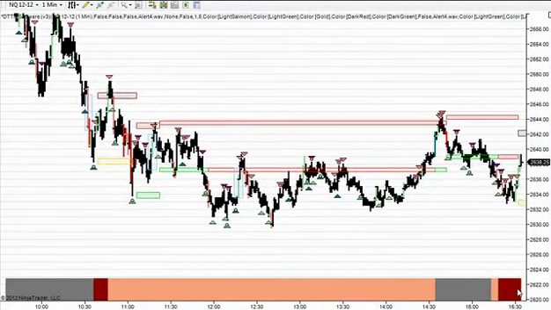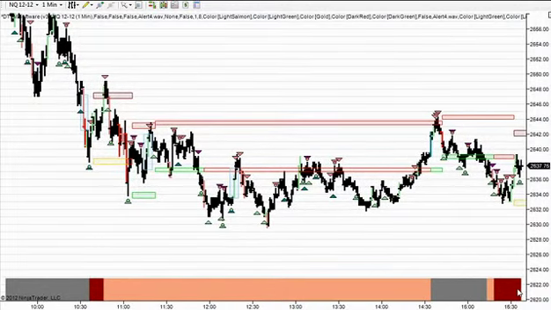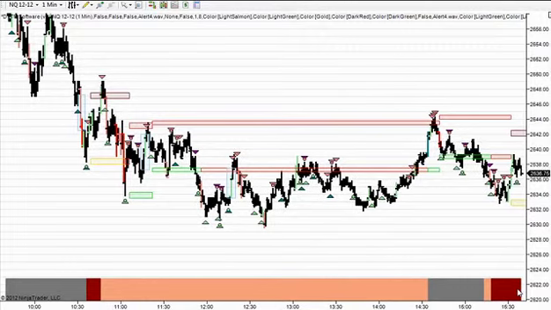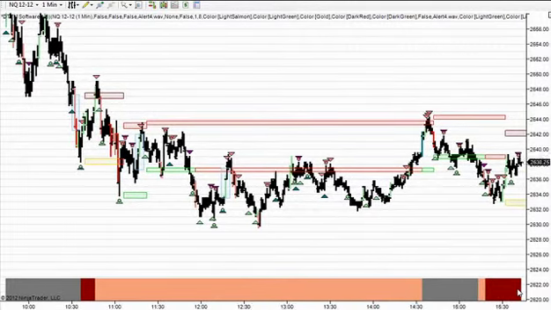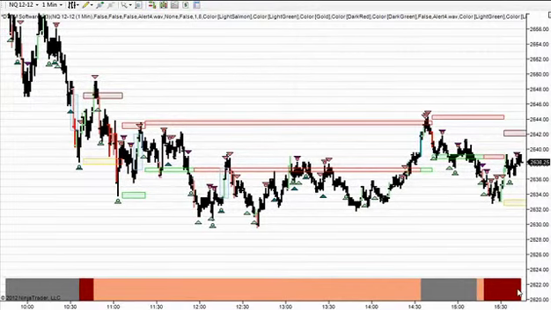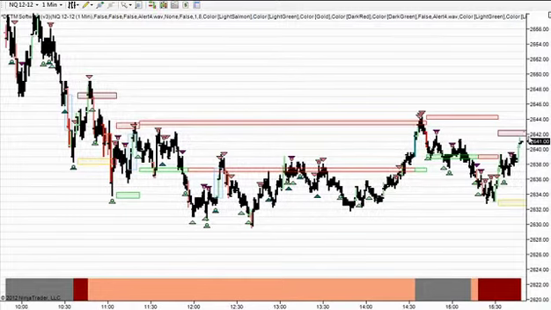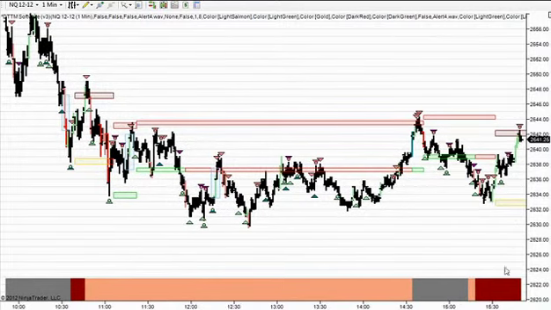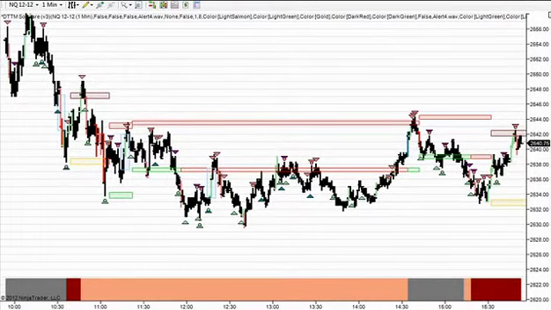So you can see the resistance just changed there. It's now resistance at 2642. It happened just before we tested that area. So it's late in the day. I don't recommend trading this late in the day, but generally on a normal day or a normal time of day, getting short in this area would make some sense as well. So we'll let this play out till the end of the day.